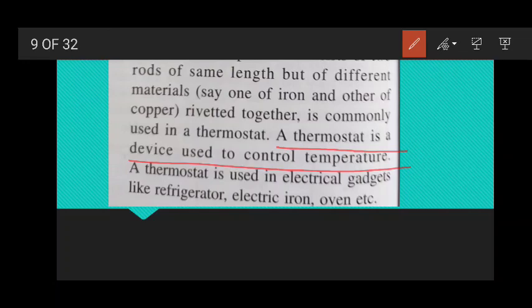Clear? If anyone asks what is the name of the device that is used to control the temperature, what will you say? The answer will be thermostat. And thermostat is used where? In electrical gadgets like refrigerator, electric iron, oven, etc.